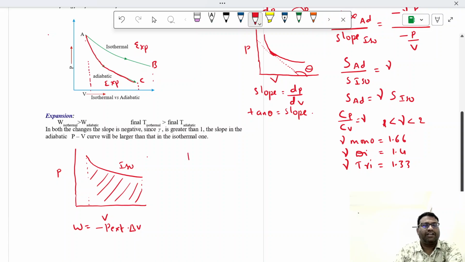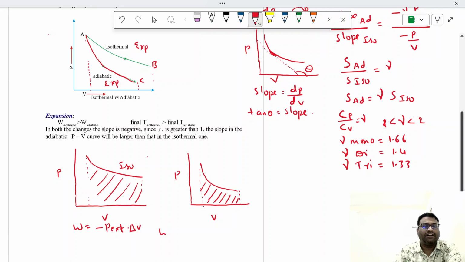So let us take the adiabatic process PV. So this is the adiabatic process, right? Compare these two, which is having more area? Area under isothermal process is greater than area under adiabatic process.